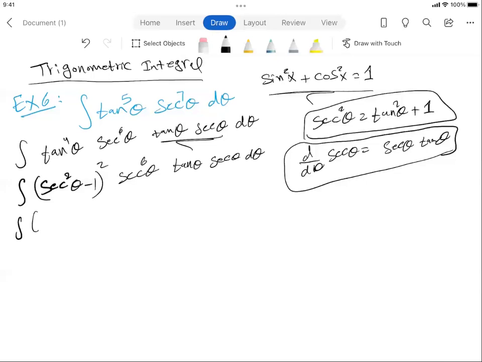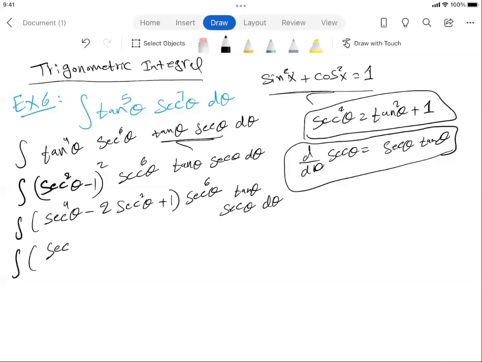Then this one becomes secant to power 4 theta minus 2 secant square of theta plus 1, multiplied by secant to the 6th theta, and then tangent of theta, secant of theta, d theta.